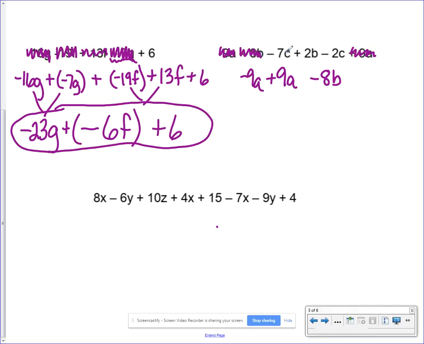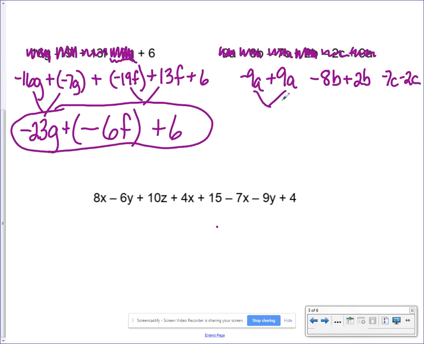I'm looking for more b's. Here's a plus 2b. Those guys can combine together because they are alike. A negative 7c. Negative 7c minus 7c, and a minus 2c. Keep that sign stuck with the term that comes right after it.